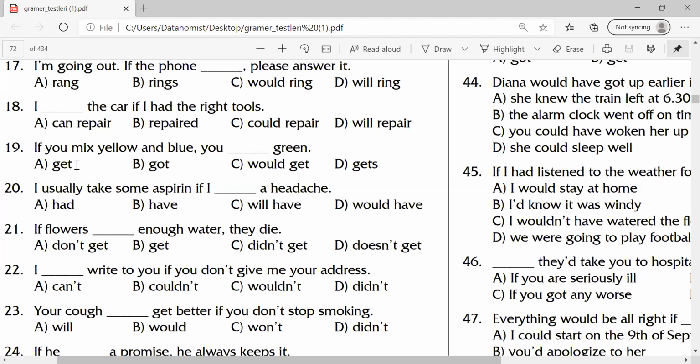You get. Type 0. I usually take some aspirin if I dash a headache. See, present combination here, whether it is present or future, this is compulsory present. So if I have, okay, if flowers dash enough water, they die.